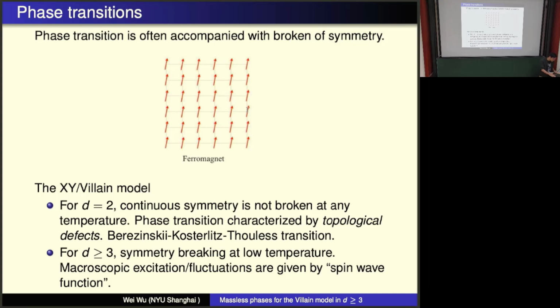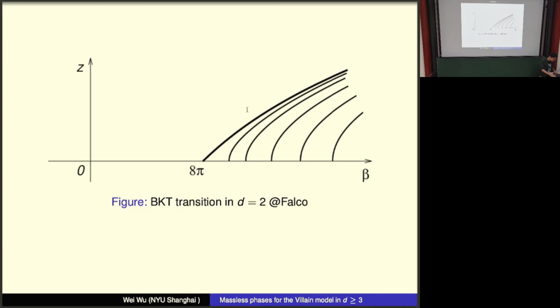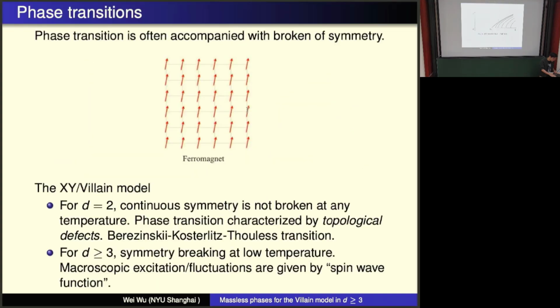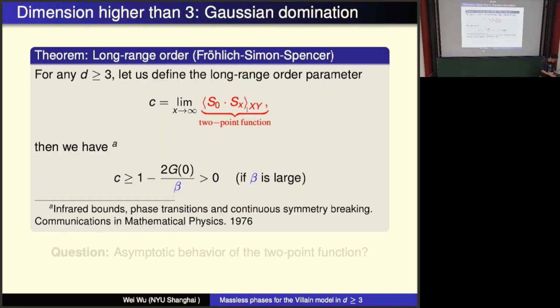Okay, so let's move to what was known and what was conjectured. Okay, so let's look at what happens in dimension 3 and higher. So the first rigorous result is by using the so-called reflection positivity trick. So this is the result in the 70s, Fröhlich, Simon, and Spencer, who showed that if you look at the asymptotic two-point correlations as x goes to infinity, then this quantity has a uniform lower bound.